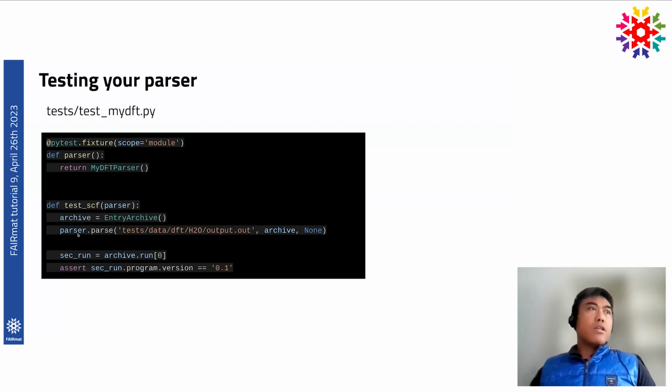Then you invoke this .parse, and you put the path to the test main file, and you provide this generated archive here. And then you assert what you have parsed. For example, the program version should be equal to something.